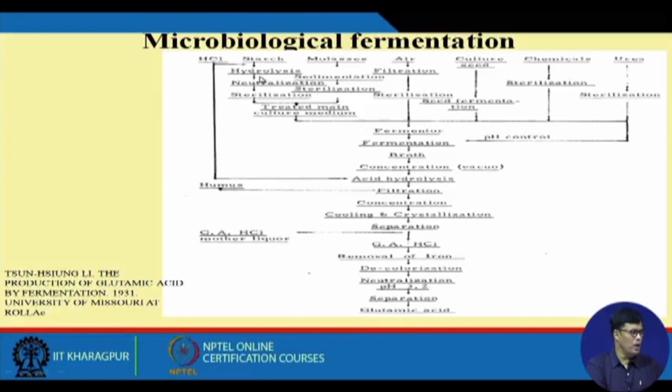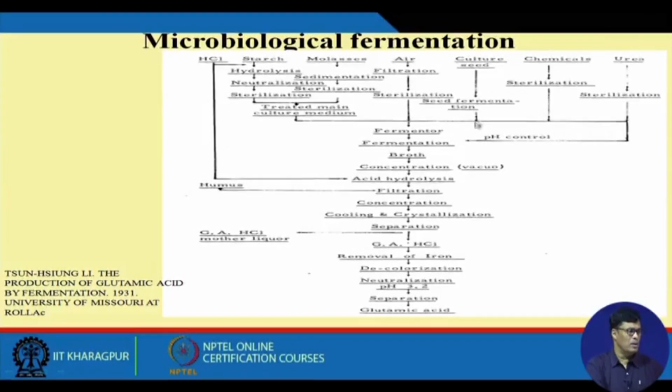When we hydrolyze with acid, the first step is neutralization, because the pH of the solution decreases to a great extent. So you have to adjust the pH to whatever is required for the fermentation process. Then we do the sterilization and mix it with the main culture media, maybe all these things together, and we sterilize that.